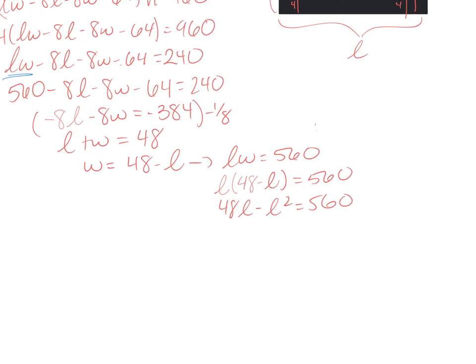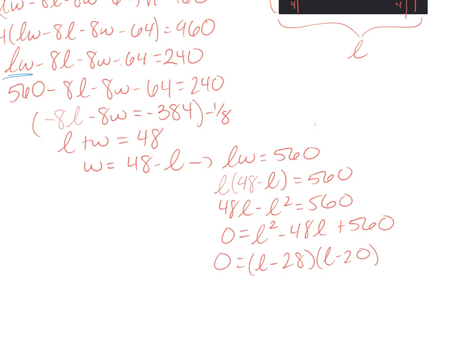I'm going to move everything over to the right. So 0 is equal to L squared minus 48L plus 560. And then I'm going to factor this into L minus 28 times L minus 20. So L is either equal to 28 or 20. And so then I need to plug that into this first equation for W right there.